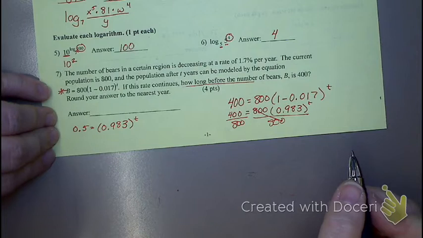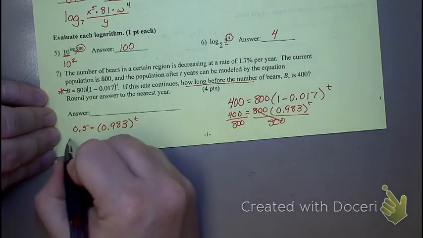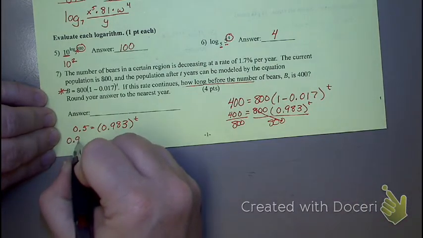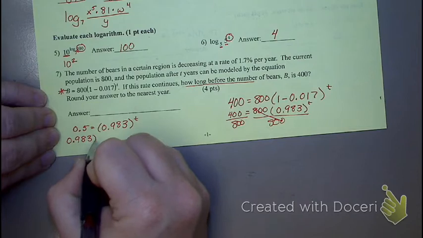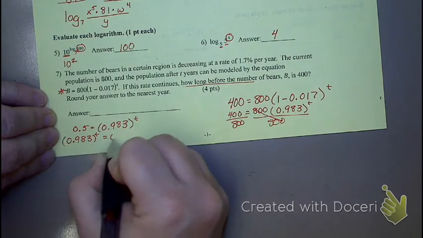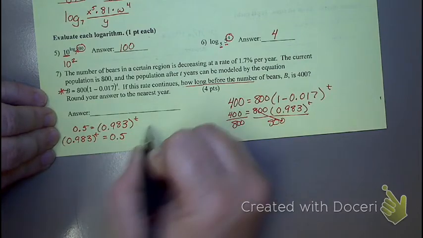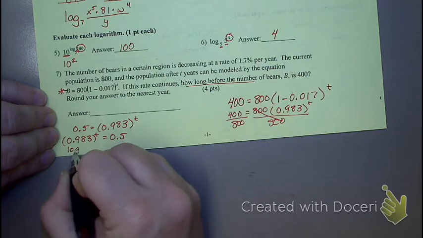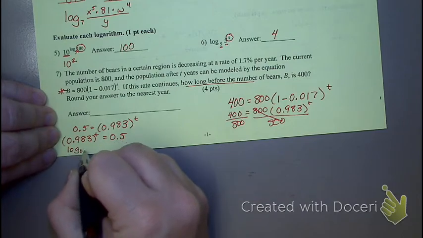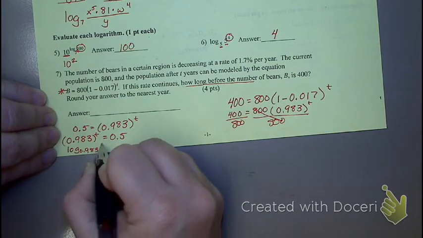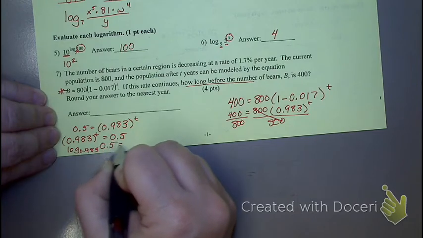And I need to go to log form. It's easiest to go to log when your exponent's on the left. So 0.983 to the t equals 0.5. So my log is log base 0.983 of 0.5 equals t.